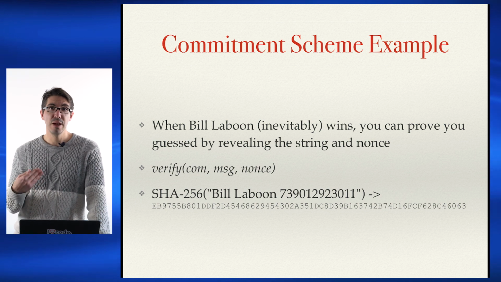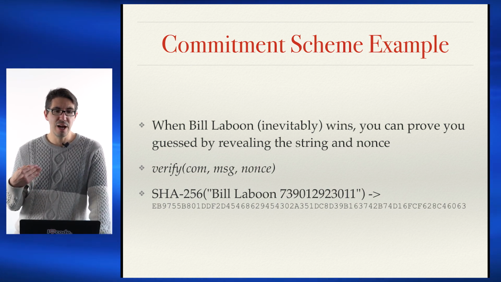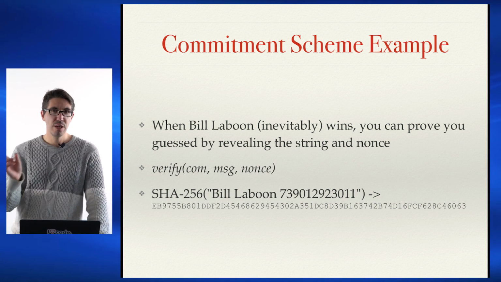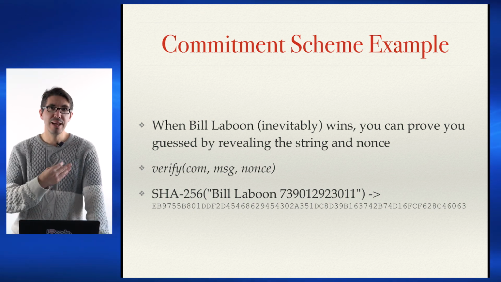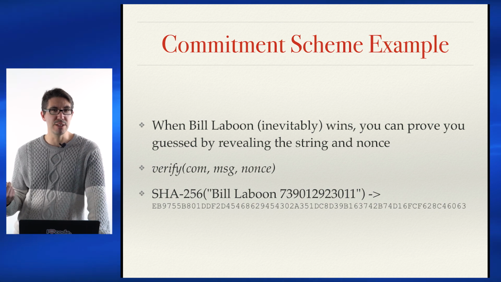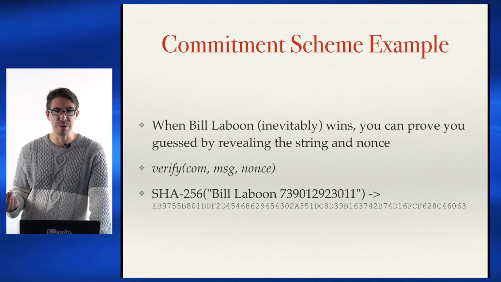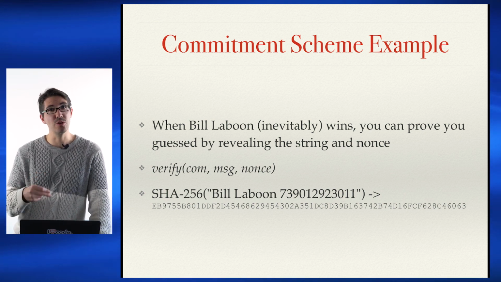You can say Bill Laboon 739... and then check what is the SHA-256 hash of Bill Laboon concatenated with that nonce. And if it equals the hash value that you committed to earlier, everyone will know that you did in fact call Bill Laboon to be president, even though you never had to publicly state it until it actually happened.